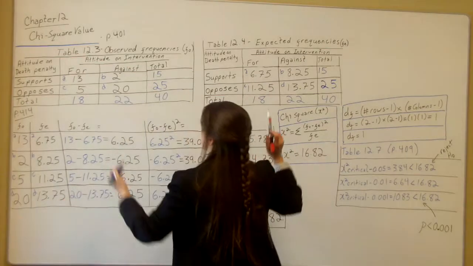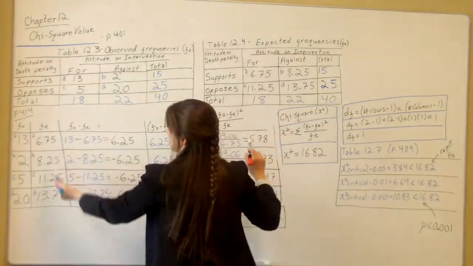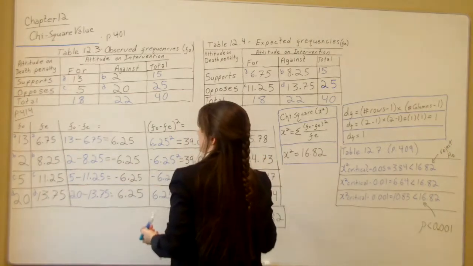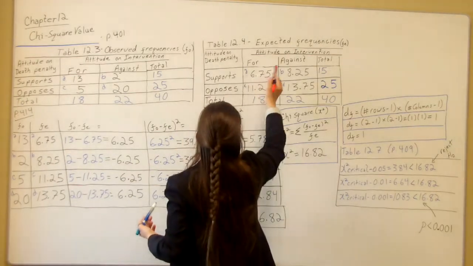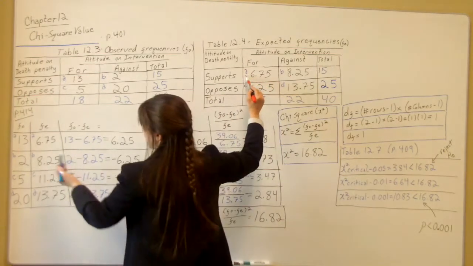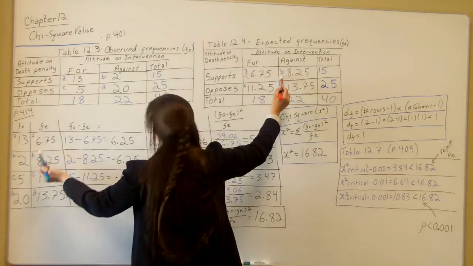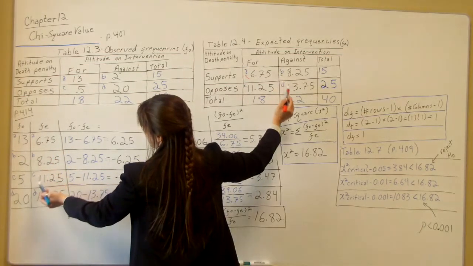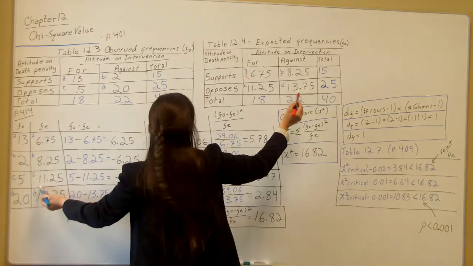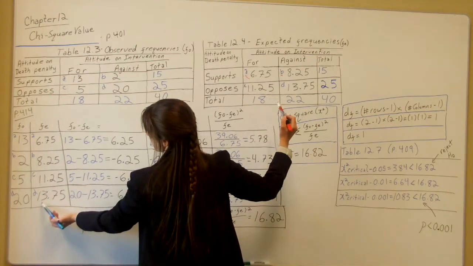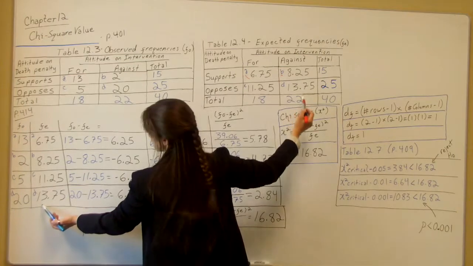I keep them labeled because they have to match up when you put them in a table, when you calculate your formula. Then for your expected frequencies, working down from the top, A is 6.75, B is 8.25, C is 11.25, and D is 13.75.